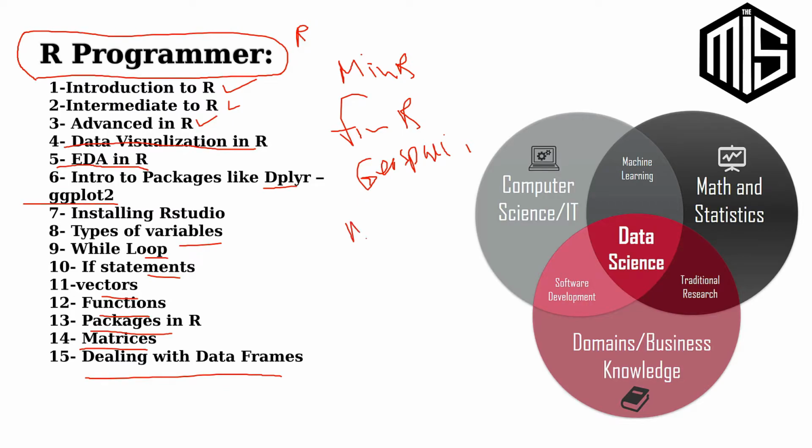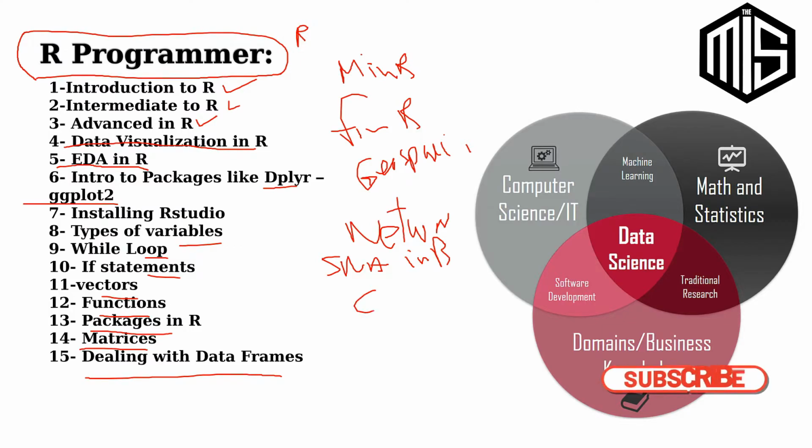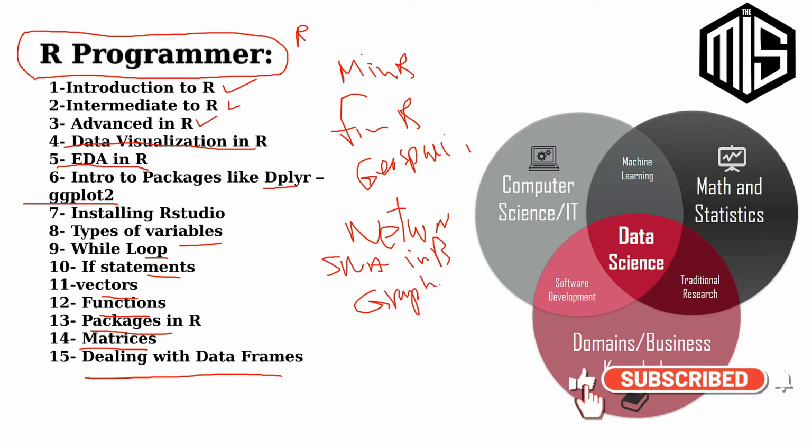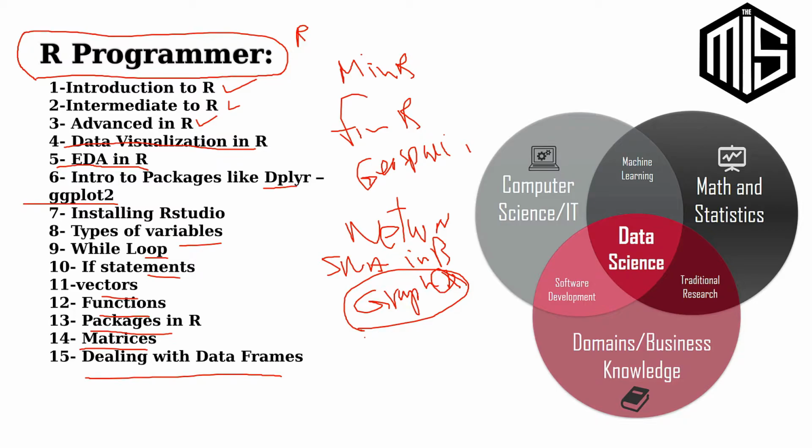And social network analysis, which is SNA, in R. There is a nice package called GraphX, if I remember, it's called GraphX. It's really nice. If you have graph data, you use the GraphX package. So these are the advanced topics. These are the general topics that should be covered in the R Programmer track.